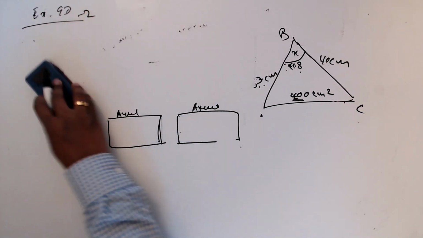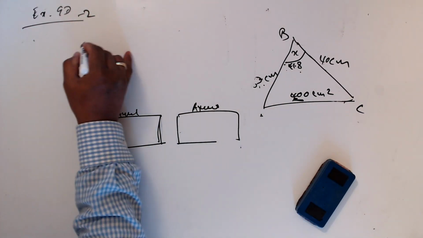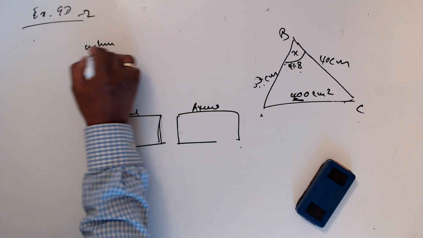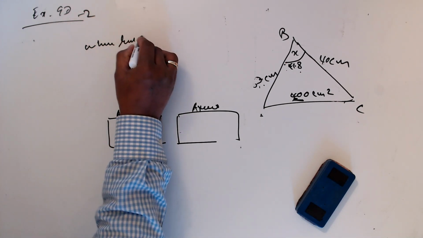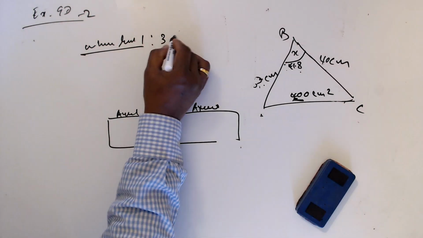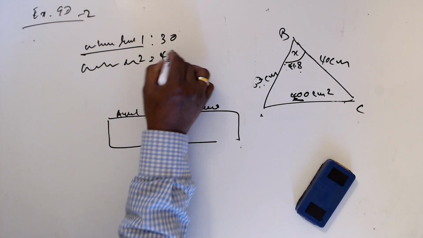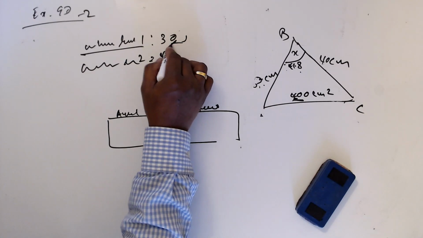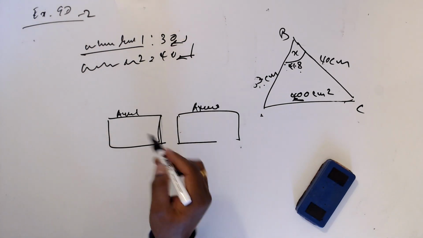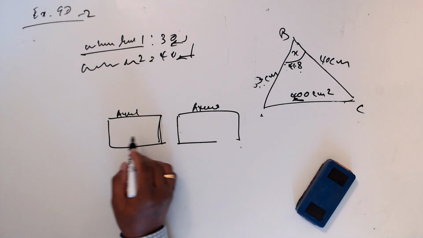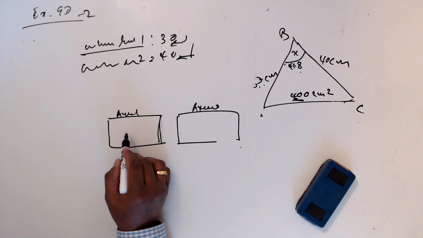It will ask what is length 1? Length 1 is 30. What is length 2? Length 2 is 40. When you submit to this machine, the machine will read and then give many answers.